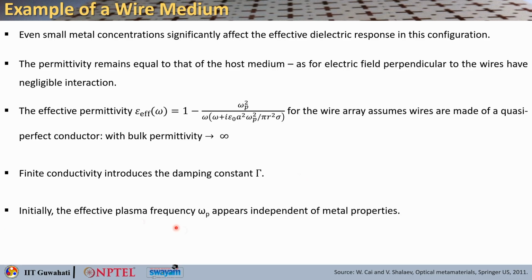So, the assumption, the effective permittivity that we have seen is typically independent of the metal properties, and this assumption holds only for long wavelengths, that is beyond the infrared, where the noble metals typically have very large negative permittivity.